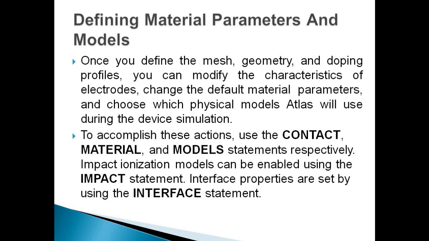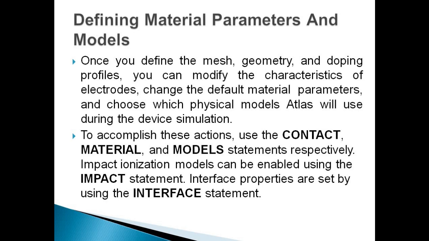Once you define the mesh geometry and the doping profile, you can modify the characteristics of electrodes, change the default material parameters and choose which physical models Atlas will use during the device simulation. To accomplish these actions, use the contact, material and model statements respectively.